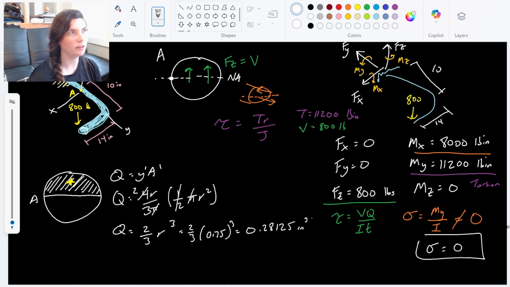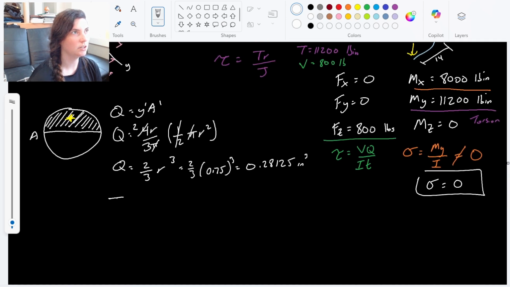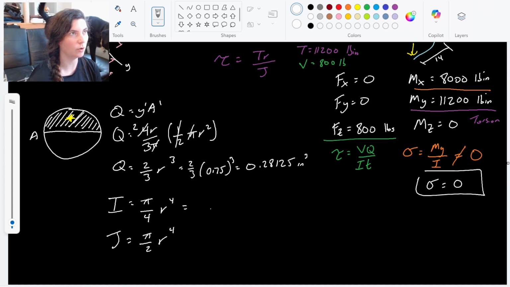It looks like the only other values I'm going to need are the moments of inertia, the regular moment of inertia and the polar moment of inertia. So I, the regular moment of inertia for a whole circle, since this is a rod, is pi over 4 r to the 4th, which is very similar to the polar moment of inertia, pi over 2 r to the 4th. So don't get those two confused.